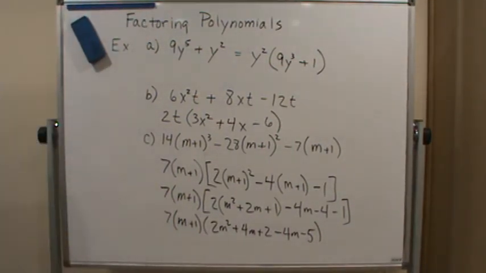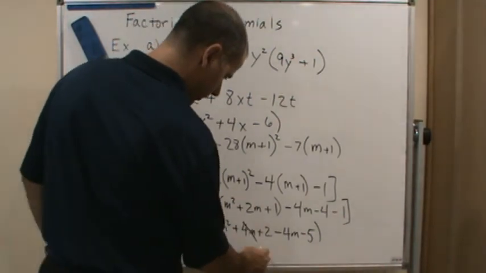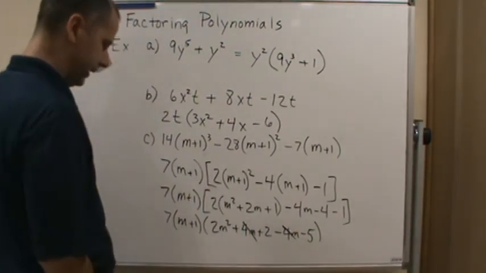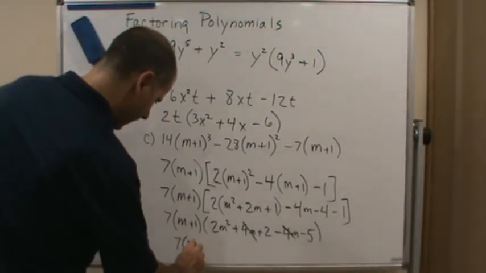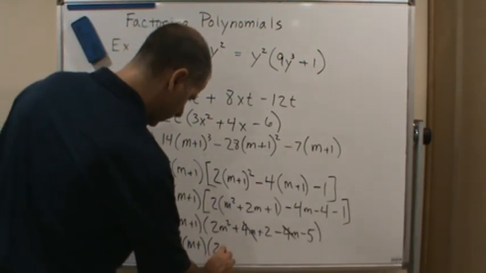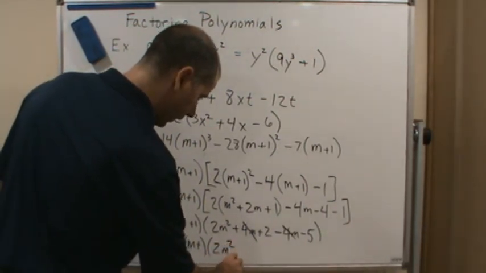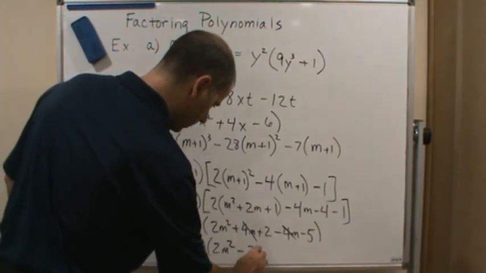Okay, so far so good? So now let's simplify. We've got a 4m here that cancels with this 4m here, and so we end up with 7 times m plus 1 times the quantity 2m squared minus 3.